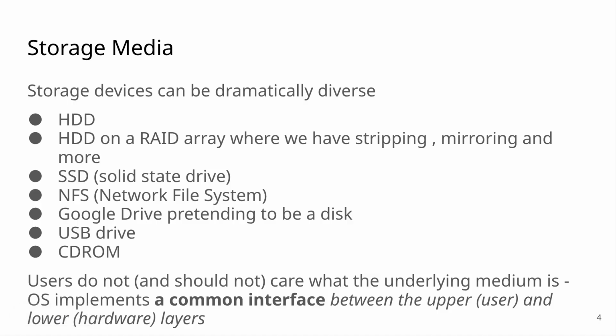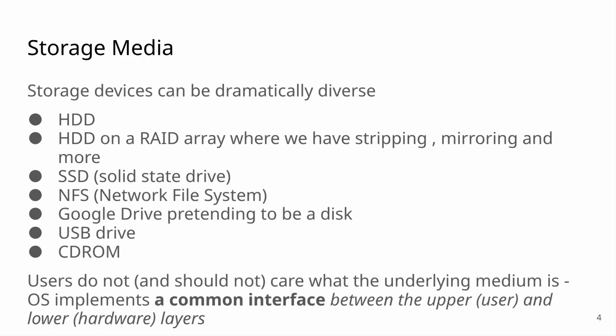But what we want to say here is that on all these vastly different mediums, you can still have the abstraction of a file operating on them. So you can create files on Google Drive the same exact way as you create files on a RAID array, or you create files on a CD-ROM.